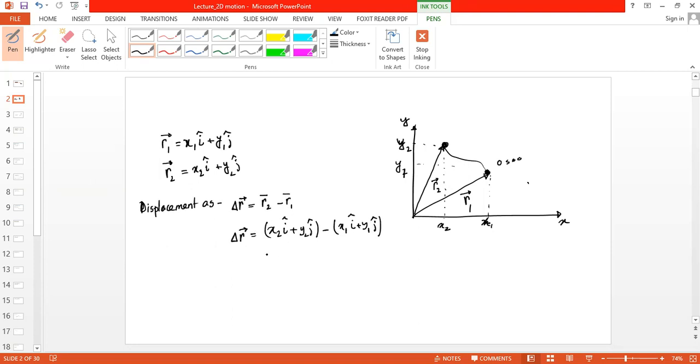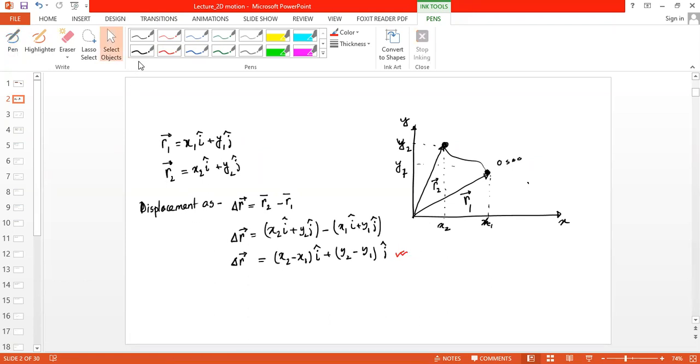I am subtracting two vectors. When subtracting two vectors, we subtract like components, that is, the x component minus the x component. That gives x2 minus x1 times i plus y2 minus y1 times j. This is the expression for displacement for an object traveling in a 2-dimensional space.